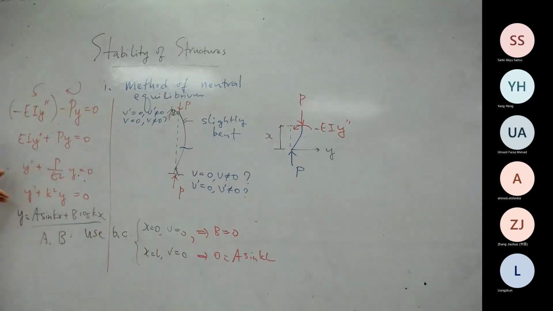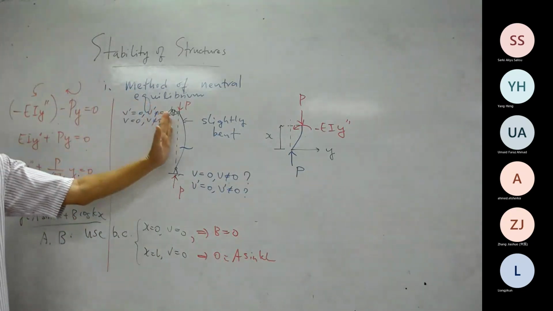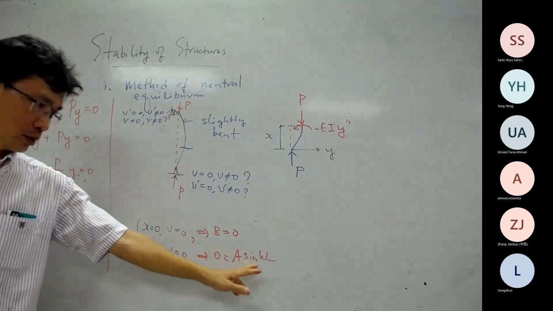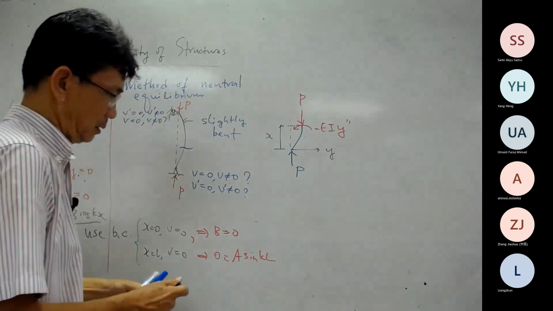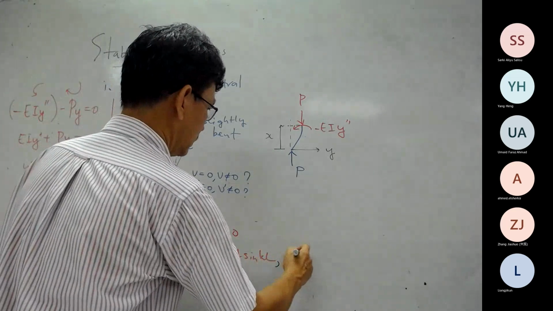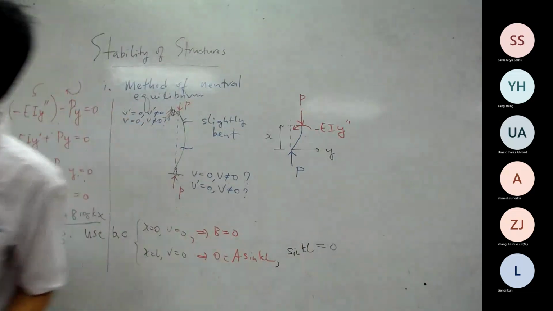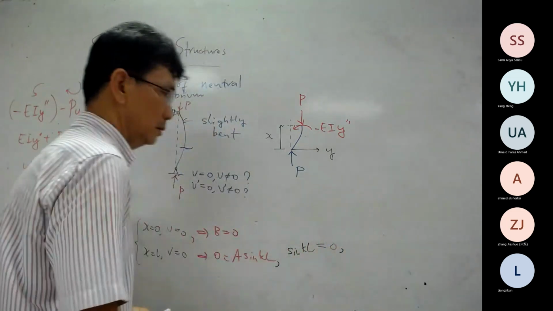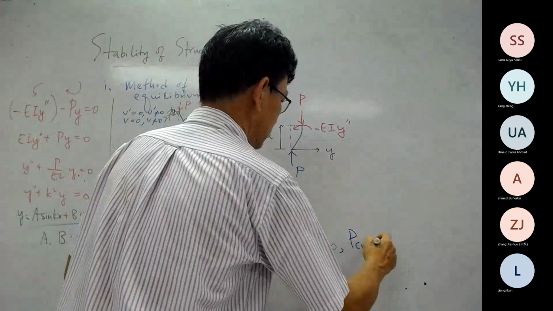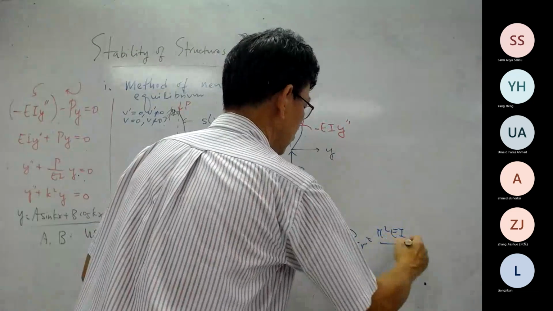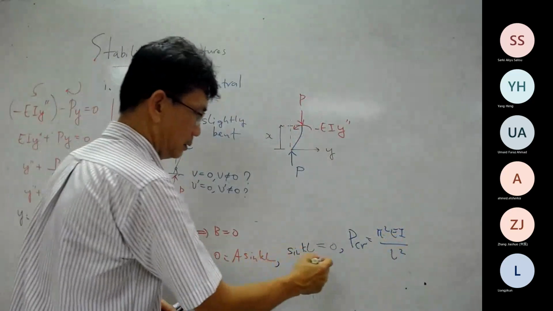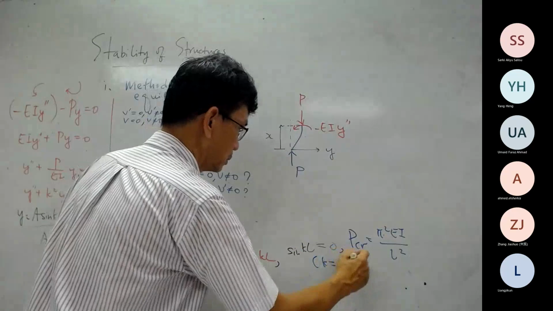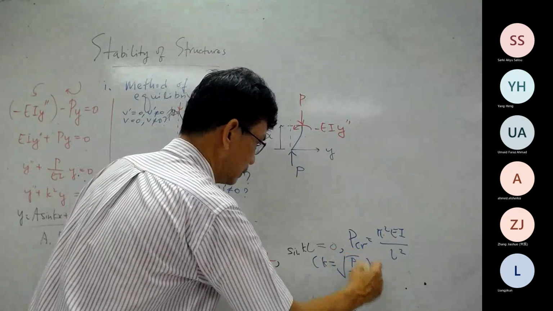If A is 0, then this Y becomes 0, and you get back to the solution which is a straight one. So sine KL must be 0. Here you can get P critical is pi squared EI over L squared. Remember that K is the square root of P over EI.